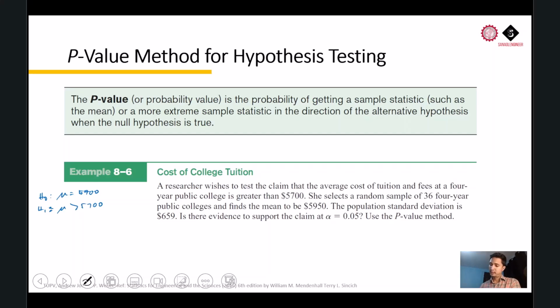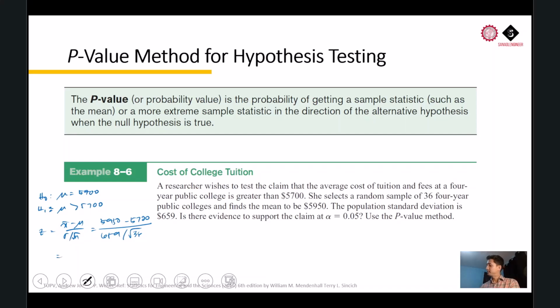Okay, so for the z-score, x bar minus mu divided by sigma over the square root of n. The sampled average is 5950. So 5950 minus 5700 divided by 659 divided by the square root of how many samples? 36.